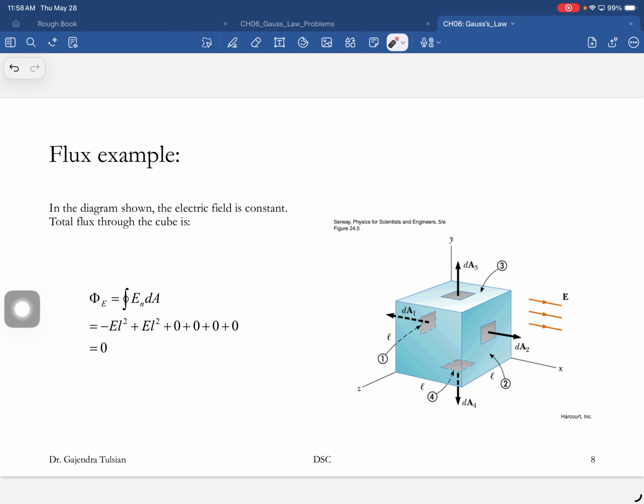If this is at the center of the sphere, these electric fields are constant. So the flux would be the electric field times the area, delta A. And the integral would be just the sum of that, and since the electric field is constant, the sum of the areas.